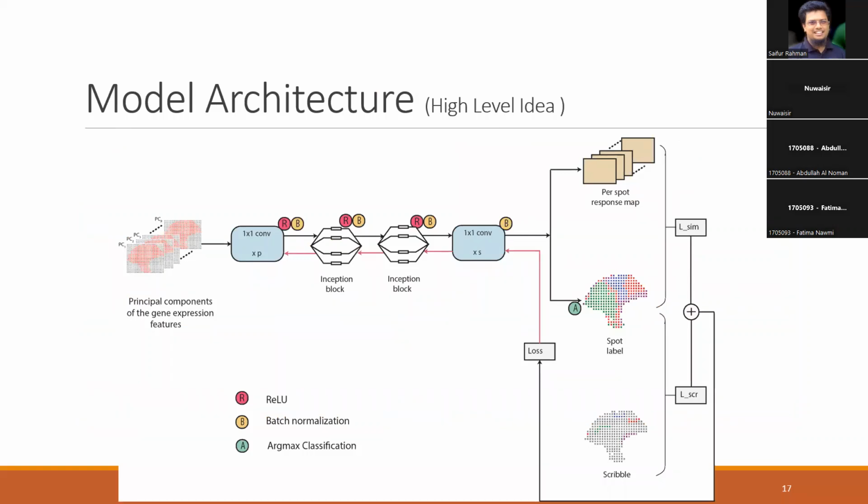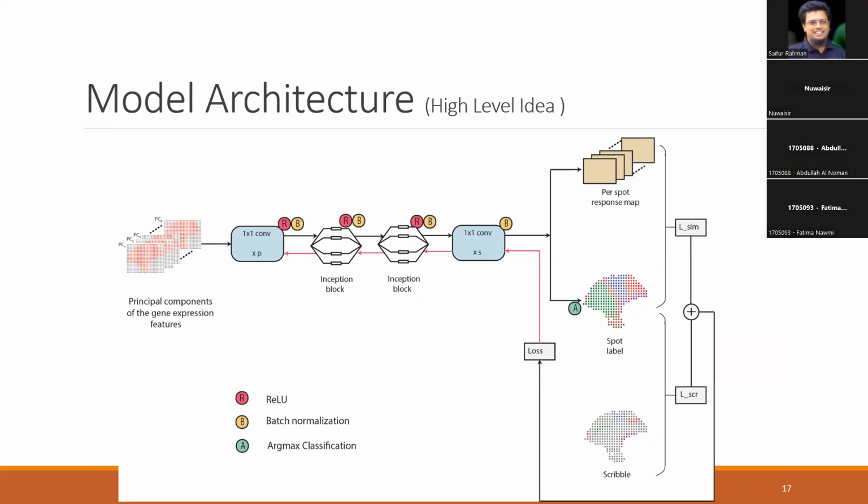To solve the problem, we have taken the model architecture. We have shown the model architecture here. Our model takes as an input the principal components of the gene expression features. Those gene expression features are passed through the one-by-one convolution, the inception block, and another one-by-one convolution to find an output response map that gives the probability of each spot being in a cluster.